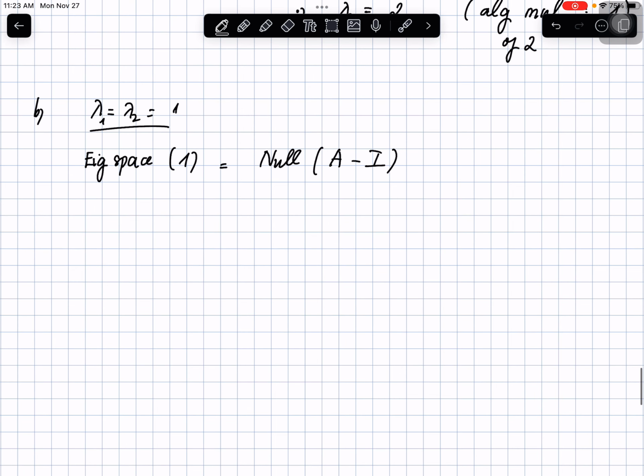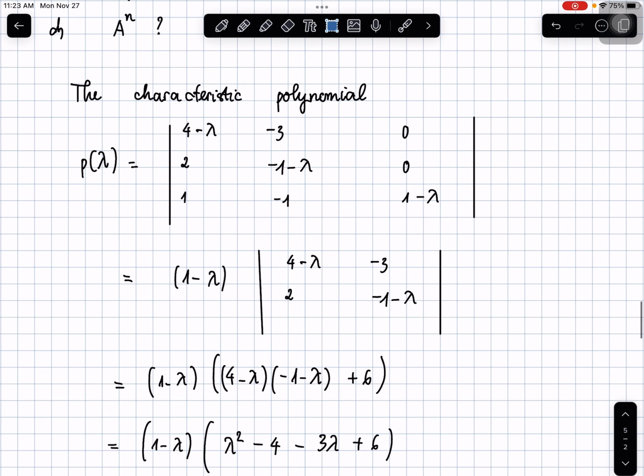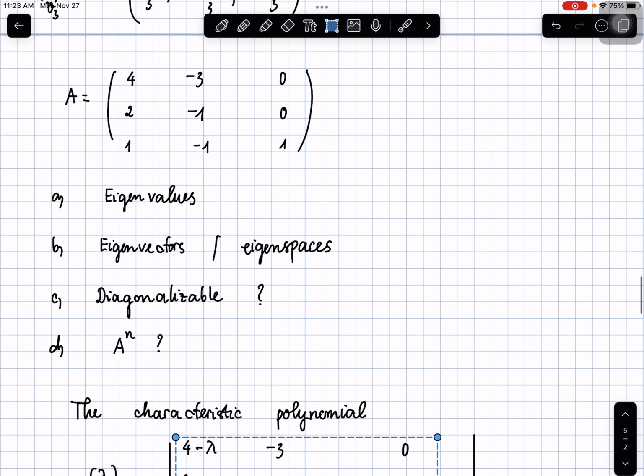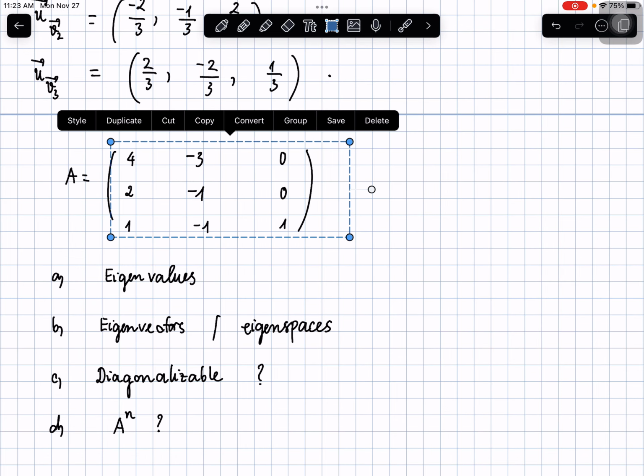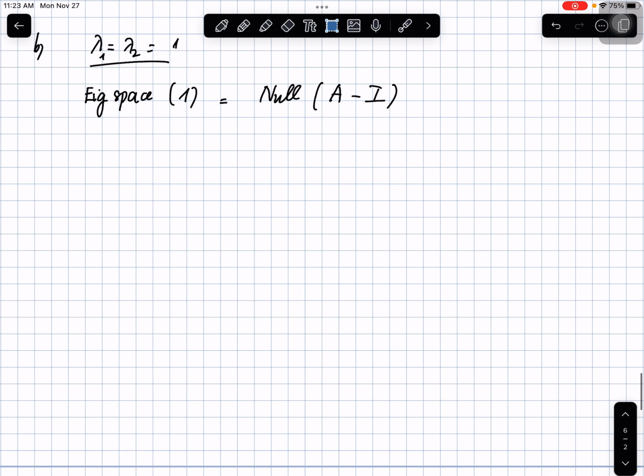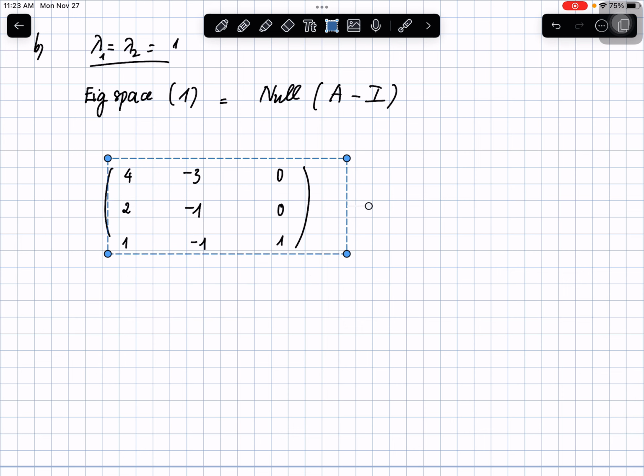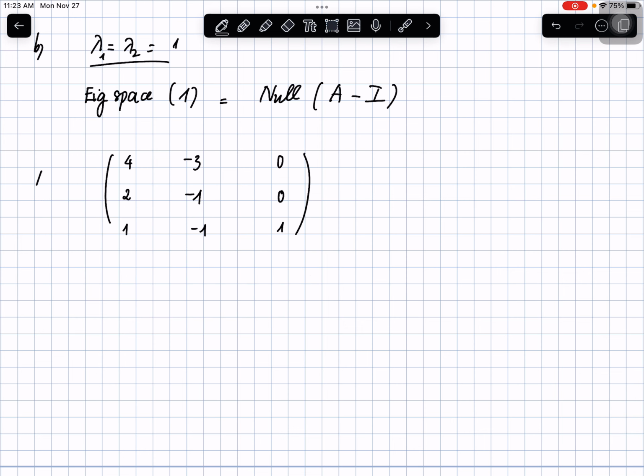So A minus 1I, just replace this matrix, right? Minus 1 on the diagonal.